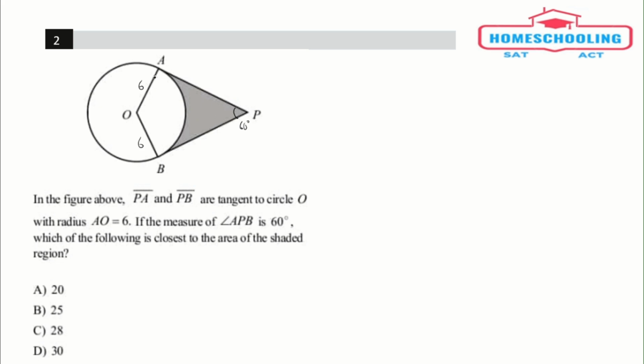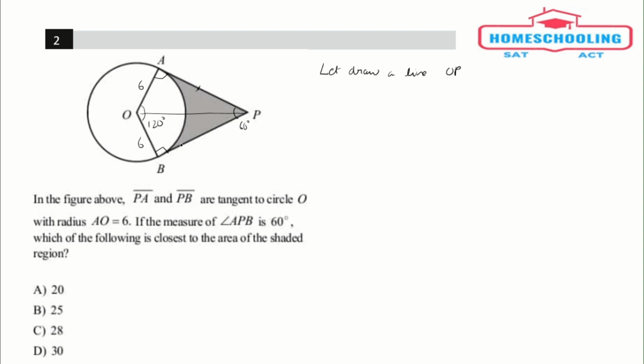We know that these two angles would be 90 degrees, and if this is 60 degrees, then this is going to be 120 degrees. Now what we are going to do is draw a line OP. As we know, both tangents to a particular point are equal.